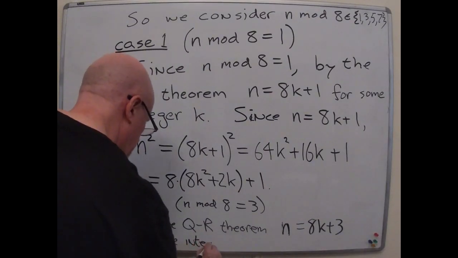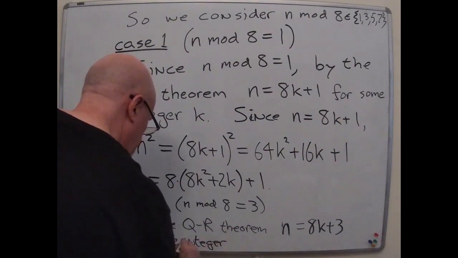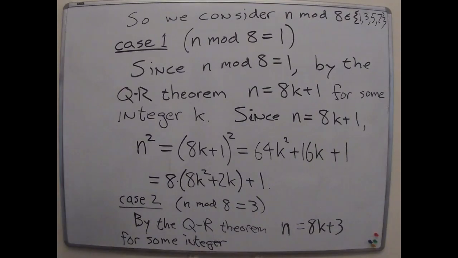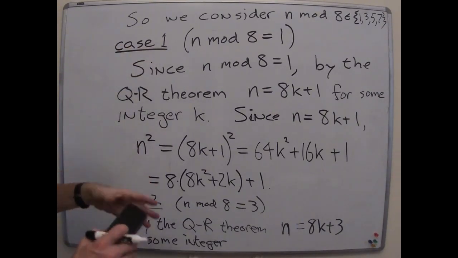Now, I think I got you guys all trained to not use the same letter for 2 different things. Right? So did some of you just instinctively go, oh shoot, he's using k again, we used k back here, you can't do that? That's good if you felt that way, but this is an exception. When you're in a proof by cases, the cases are independent of each other.